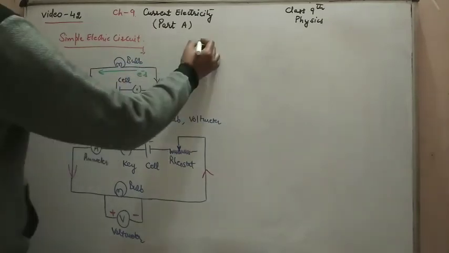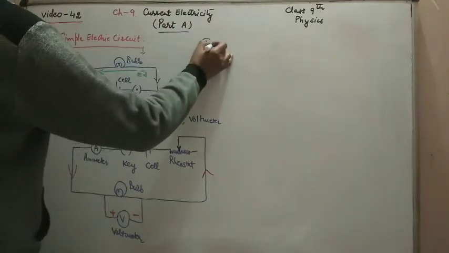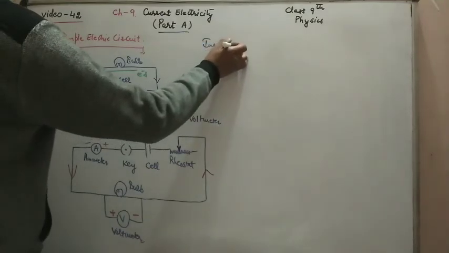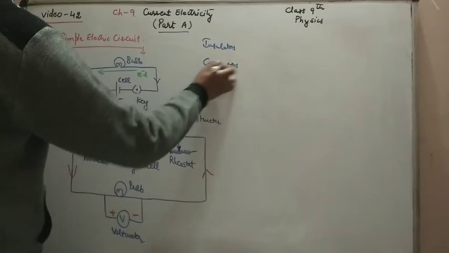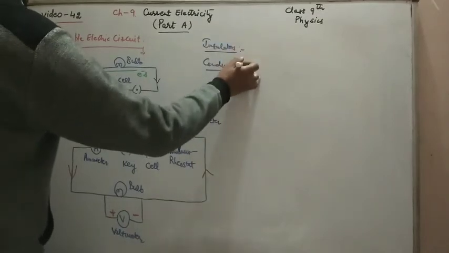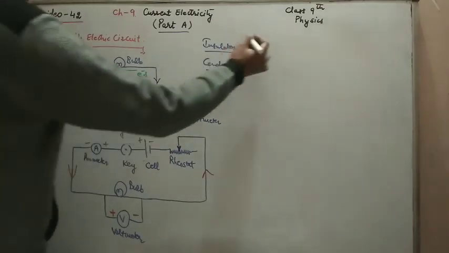After that, the last topic for this part is insulators and conductors. As you know, insulators are those materials or those substances which do not allow the current to pass through themselves.